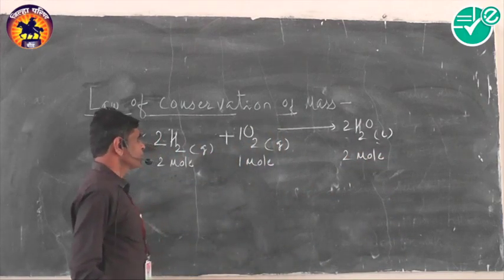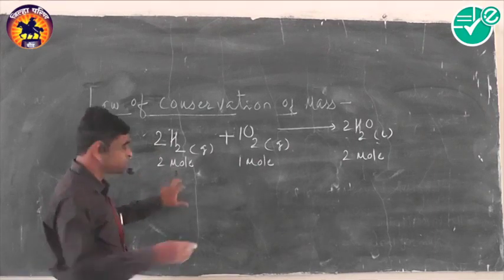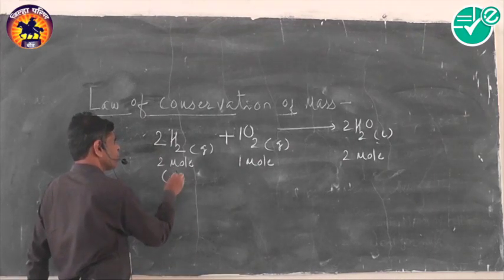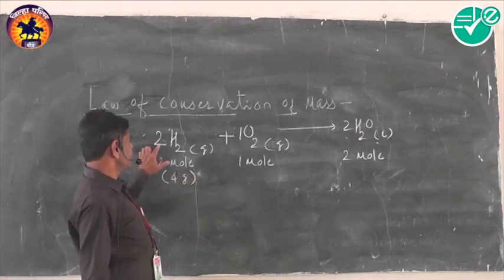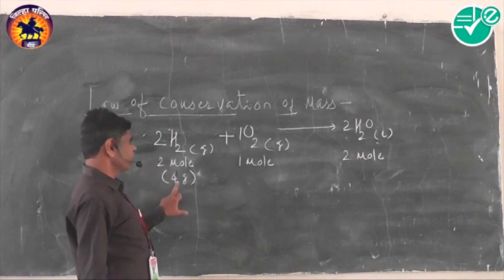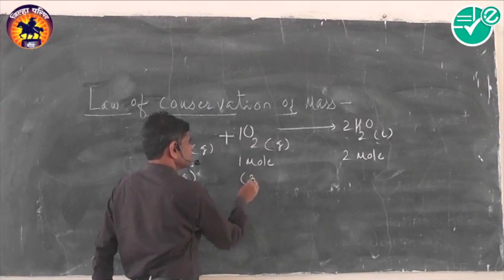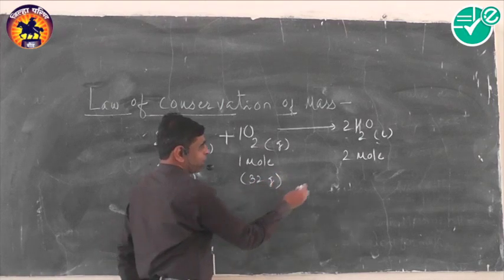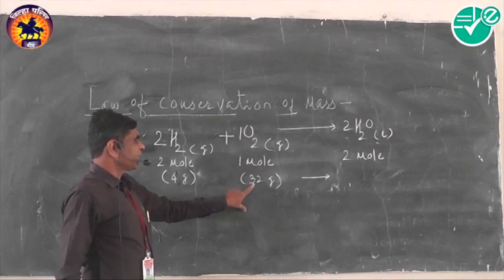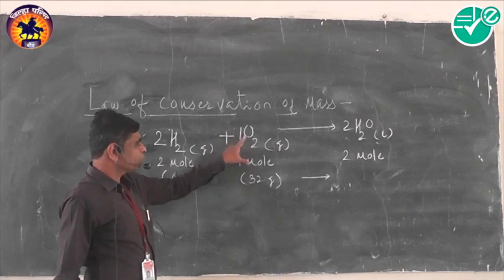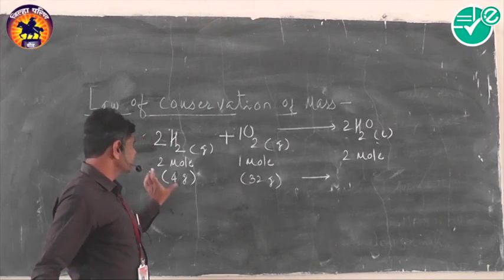Now, 2 mole hydrogen by mass means 4 gram, because 2 gram hydrogen is 1 mole, so 2 mole corresponds to 4 gram. 1 mole oxygen means 32 gram. For complete reaction with 32 gram oxygen, the quantity of hydrogen required is 4 gram.